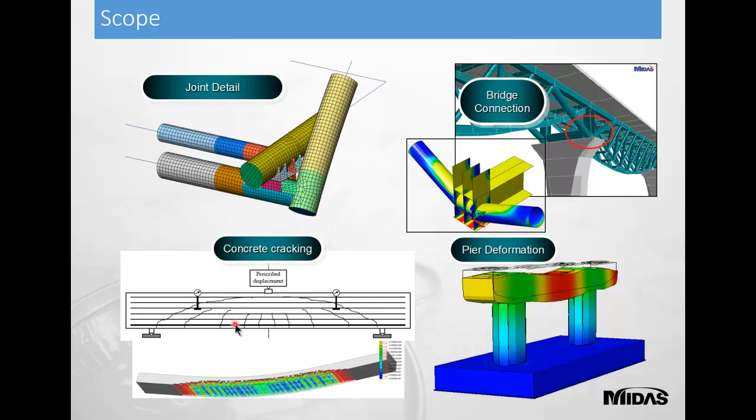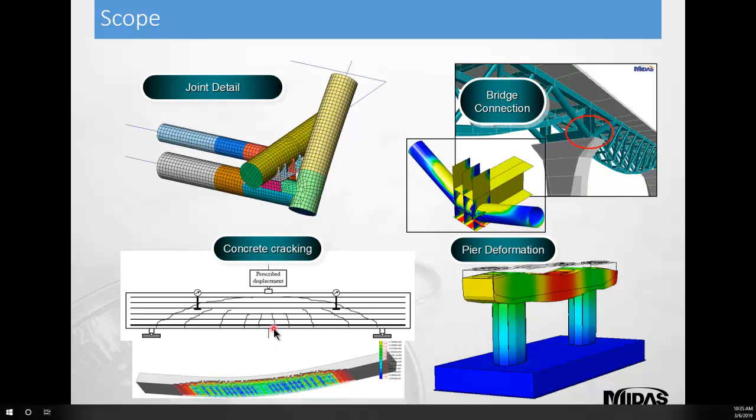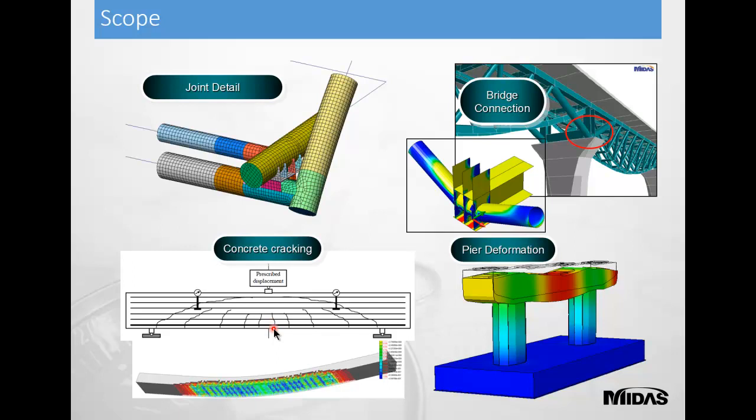Similarly, for concrete cracking, MIDAS FEA provides the total strain crack model to simulate the cracking of concrete as per its nonlinear behavior, and as a result we get the cracking pattern, the location of the smeared cracking, and also the width of the crack. In that case, MIDAS FEA is again useful.